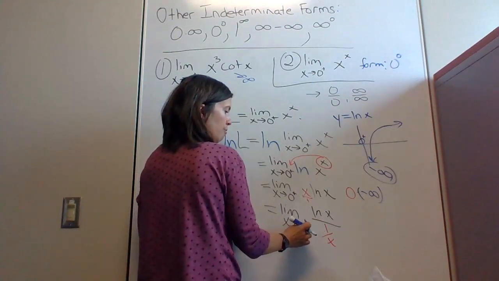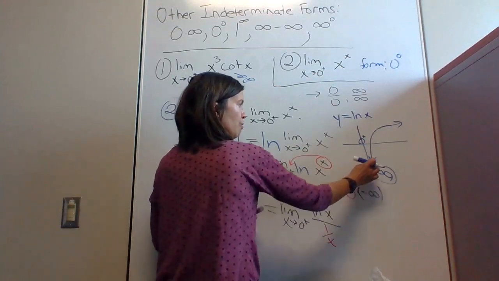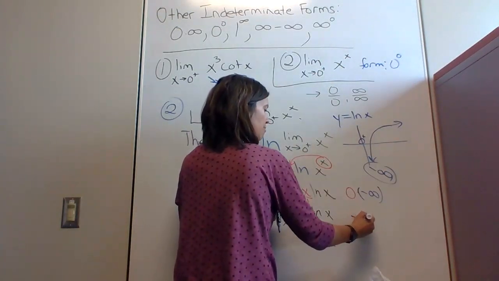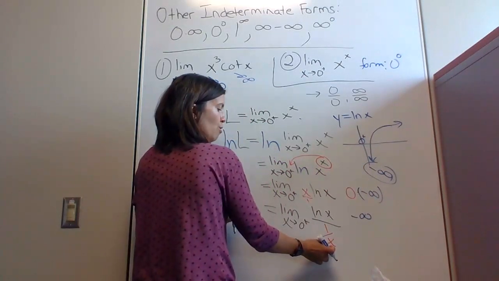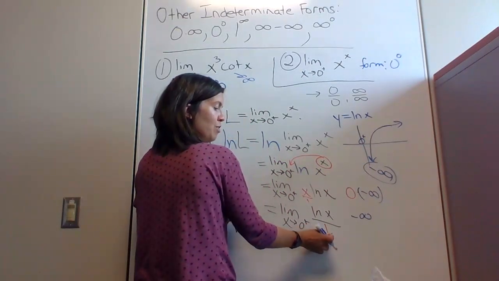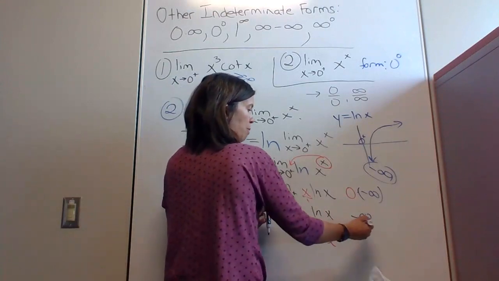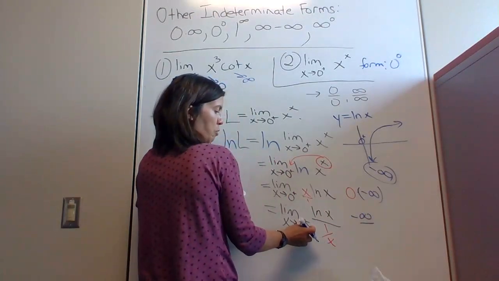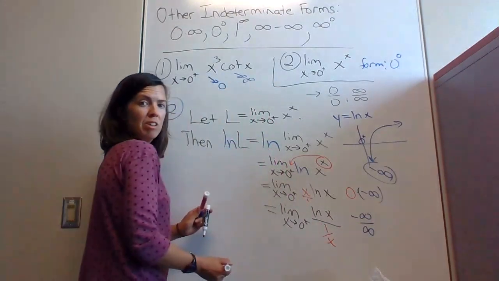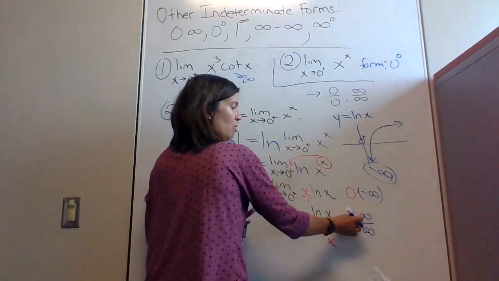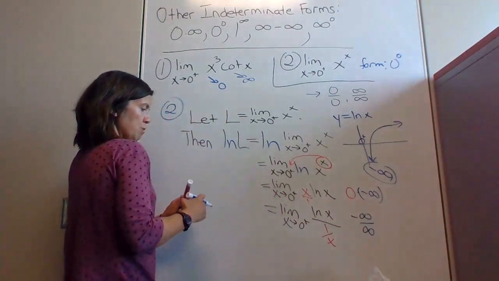Natural log of 0, when you approach 0 from the right, again, that's approaching negative infinity, based on my graph I've drawn up there. 1 over 0, remember that's when it's approaching positive or negative infinity, where if we're approaching 0 through positives, then this denominator is approaching positive infinity. And so now this is a form where we can use L'Hopital's rule.